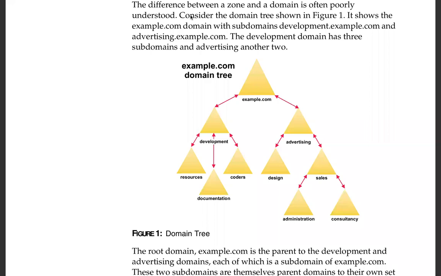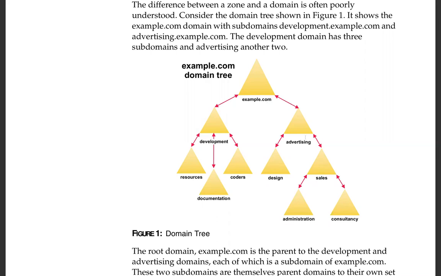Now, with this particular organization, their main domain is example.com. So when you divide into their trees, you can have development.example.com. You can also have resources.example.com. You can also have documentation.development.example.com.